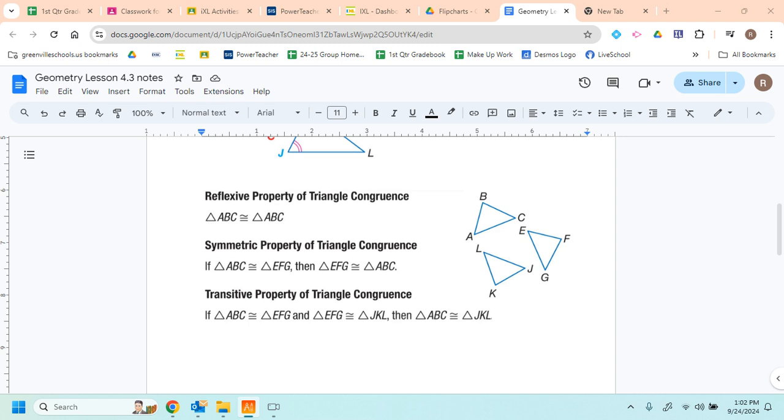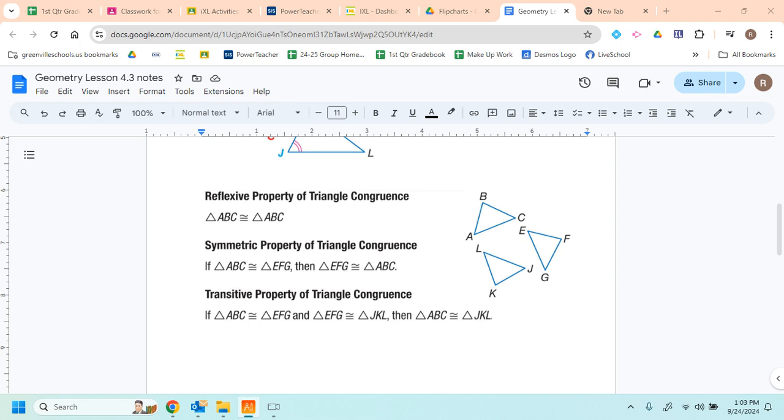So D is congruent to B, which is right here. So we know that y is equal to 48 because they're congruent. Then we can say that F and A are congruent.